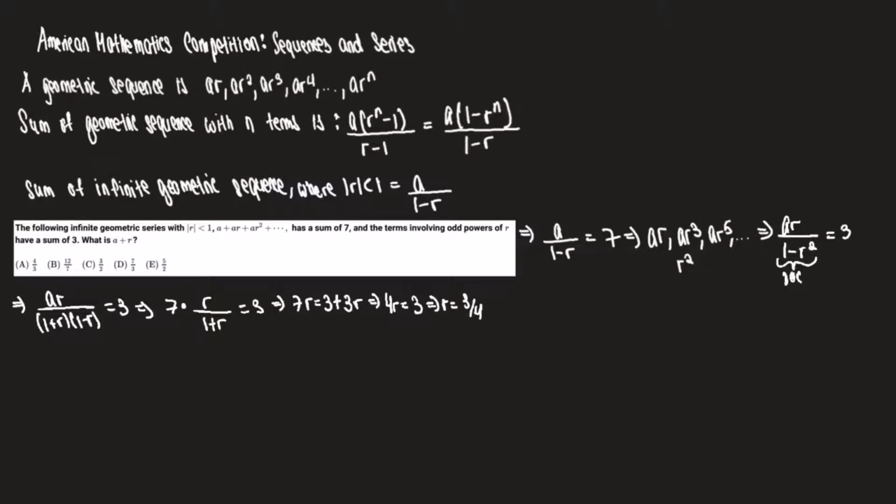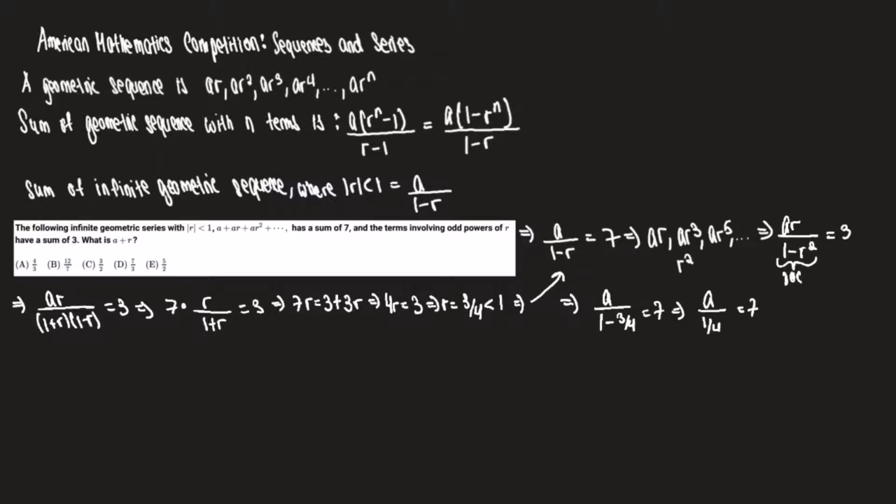Which makes sense because r is indeed less than 1. So we have the value of r. We can plug it in and solve for the value of a. So a over 1 minus 3/4 equals 7, and that would be a divided by 1/4 equals 7.